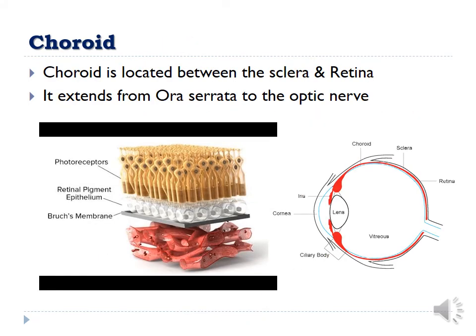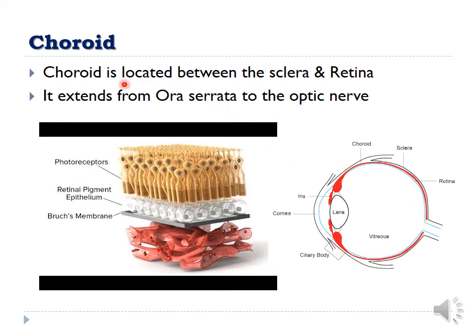Right, so we come to the final part of the uvea, that is the choroid. We discussed the iris, the ciliary body, and now we are discussing the choroid. From the picture it is very clear. Let me take the laser pointer. This is your iris, this is the ciliary body, and the choroid is a longer one.